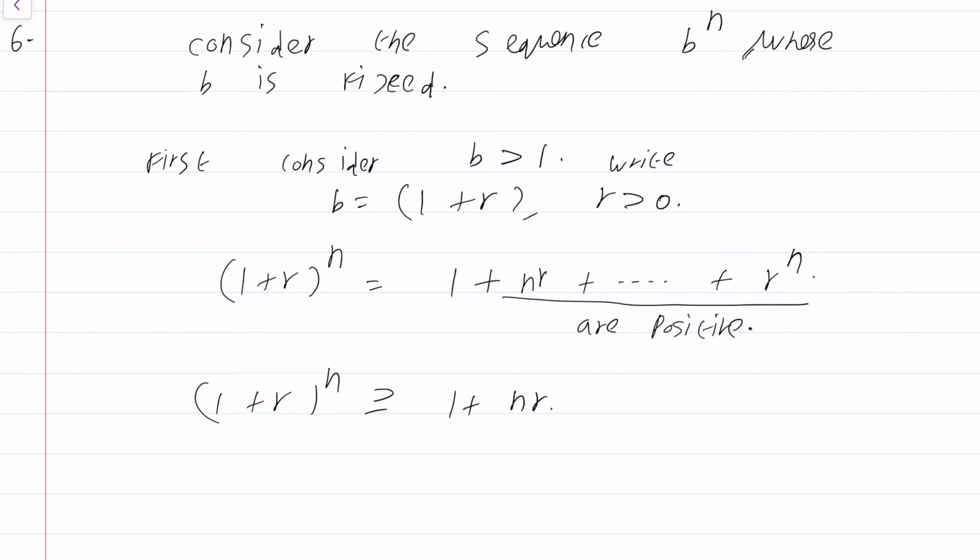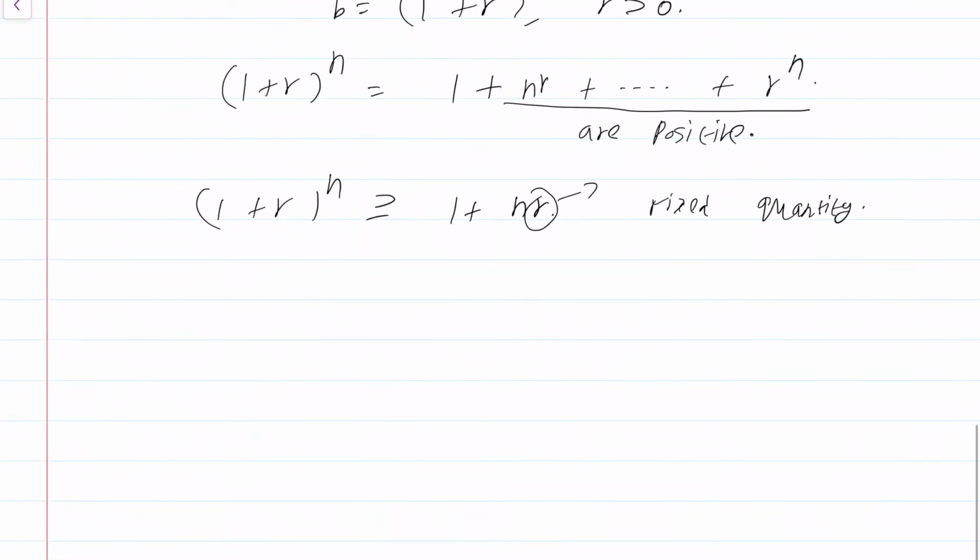So 1 plus r power n is certainly greater than or equal to 1 plus nr. But now r is a fixed quantity. That means when I multiply n with r, we see that nr diverges to infinity. Please recall the definition of what diverges to infinity means. Diverges to plus infinity, to be ultra precise.